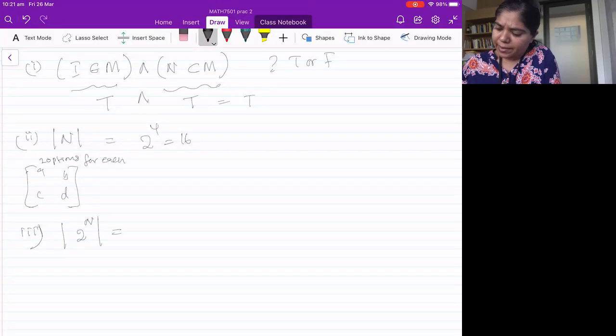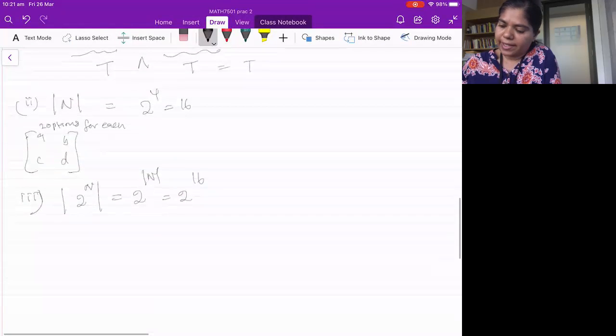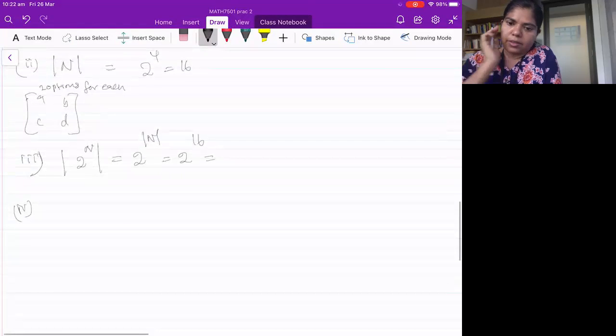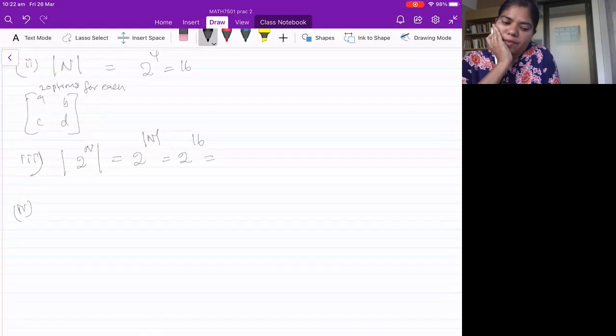This is the power set of N. So it would be 2 to the power of the number of elements of N, which would be 2 to the power 16, okay, which you can find out. Yeah, it's 65536.